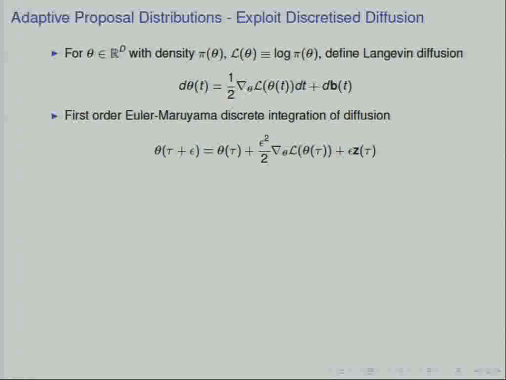Now, the problem here is that as epsilon tends to 0, then we will recover the solution paths of the continuous SDE, and therefore, the target distribution will be the solution for this.